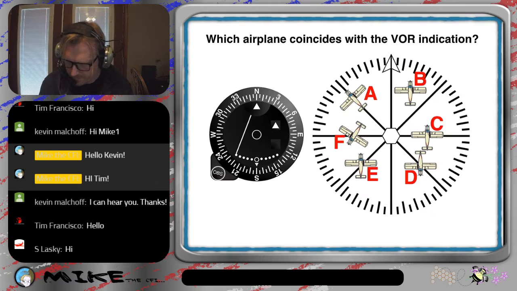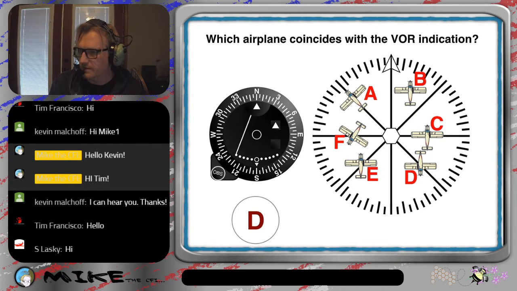If we go back there, we can see that the only airplane that's down in that sector is letter D. And so that should be the right answer, and there you go.